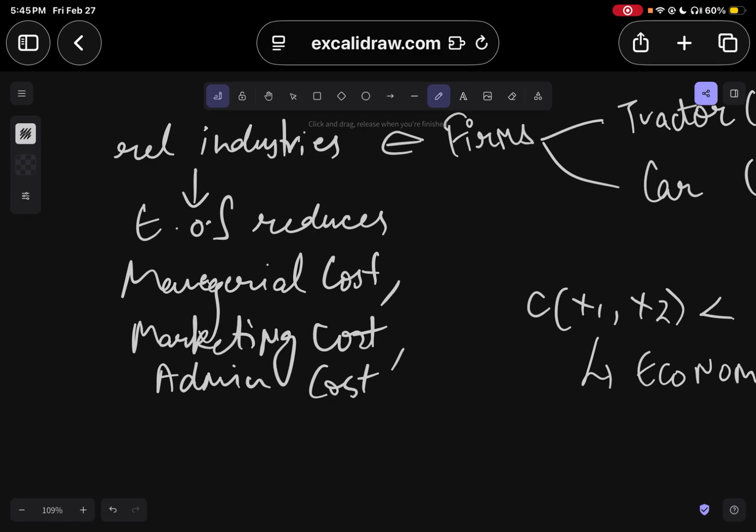Compared to the cost burden of segregated plants, if the commodities are not closely related or if it leads to brand dilution, then C1(x1) plus C2(x2) is lesser.